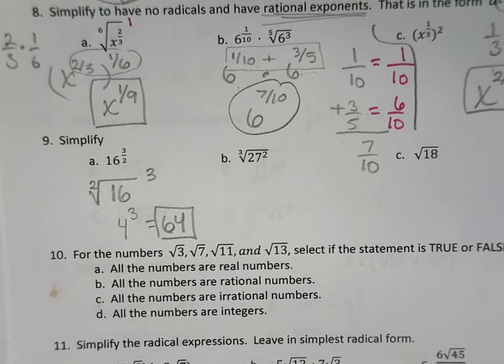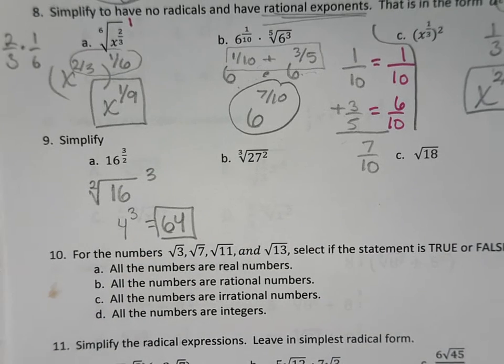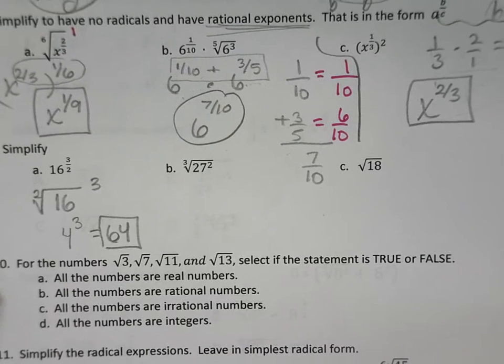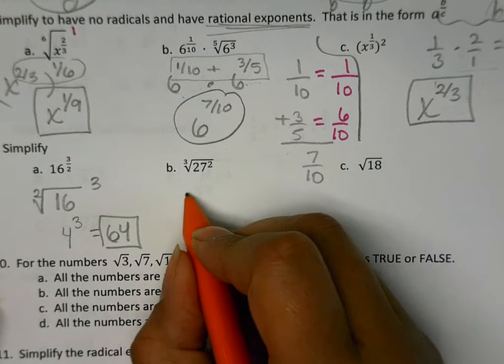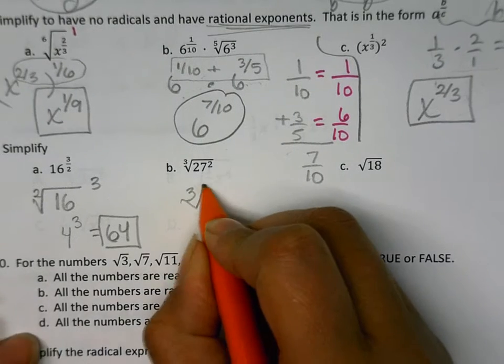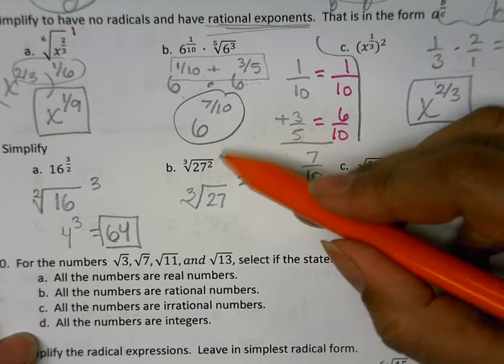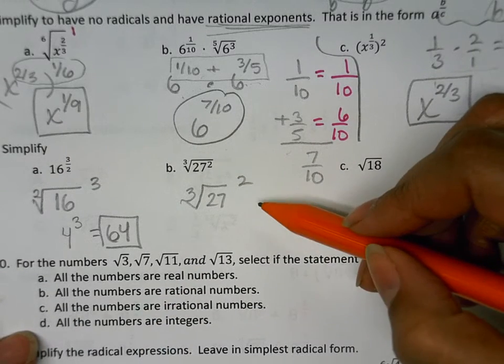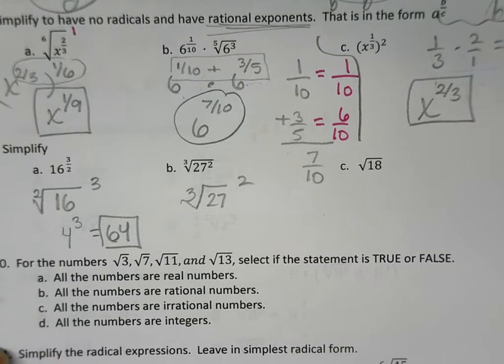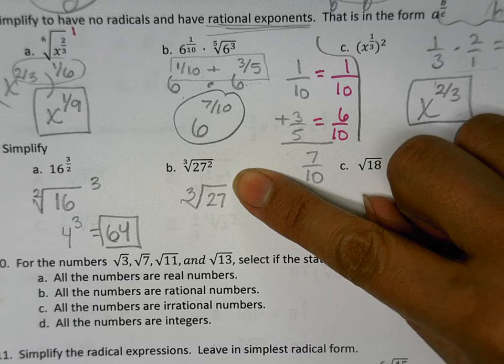Good job, Jaden. All right, next one. We've talked about this way back when, and I just mentioned it over here. Are these two things the same, whether I put the power inside or outside? It is. Is 27 a perfect cube? Yep.